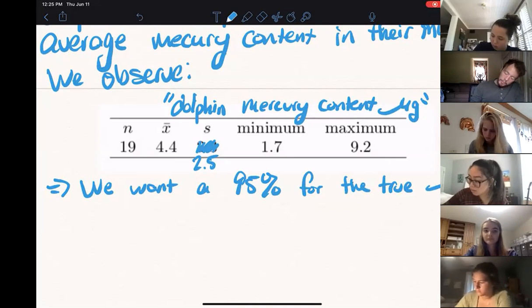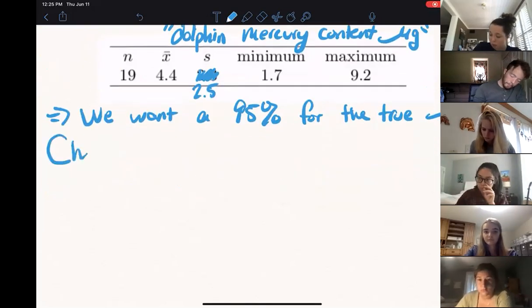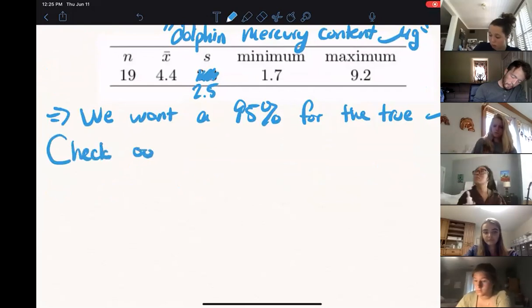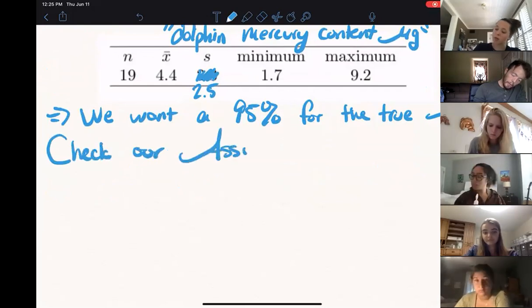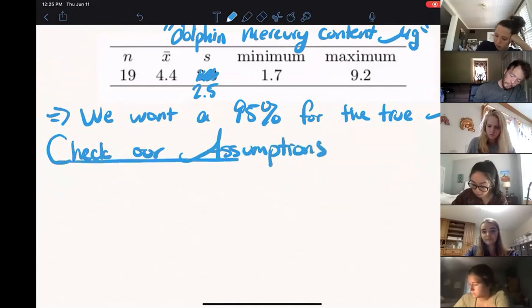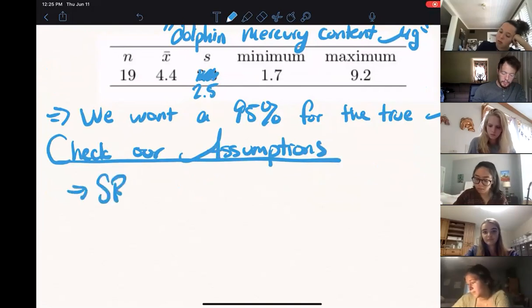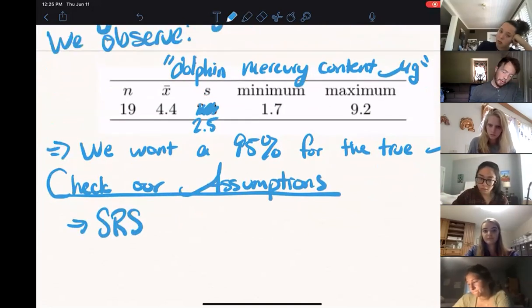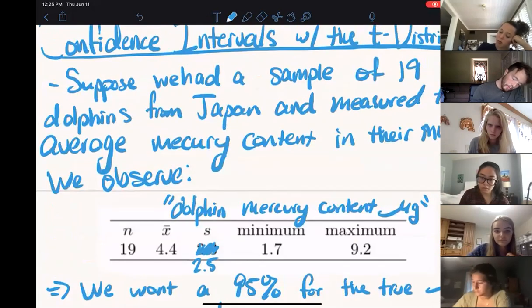Let's check our assumptions that we need to check before we perform a confidence interval. So this is a simple random sample. I don't think I said that, so I'll make that clear.